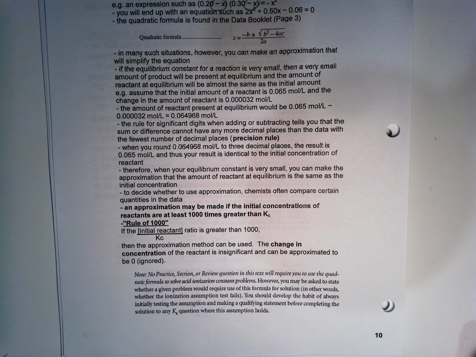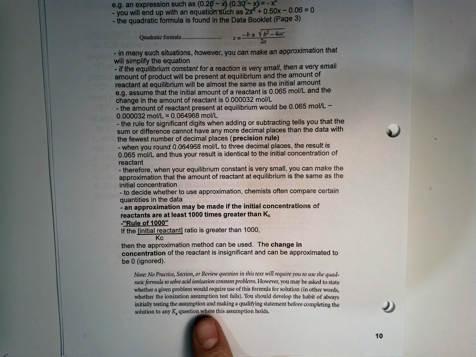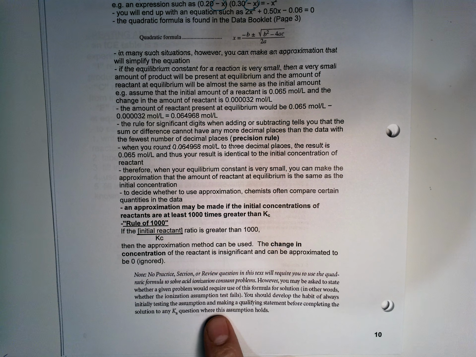Note, no practice section or review question in this text will require you to actually use the quadratic formula to solve an acid ionization constant problem. However, you may be asked to state whether the given problem would require use of the formula for a solution. So if the rule of 1000 fails, you don't have to actually use the quadratic formula.